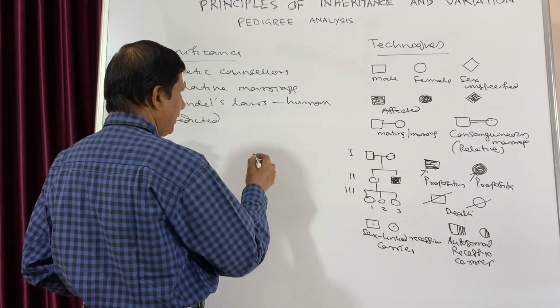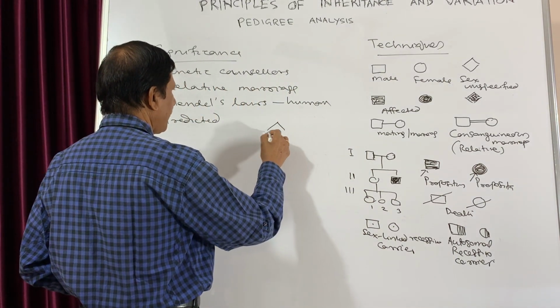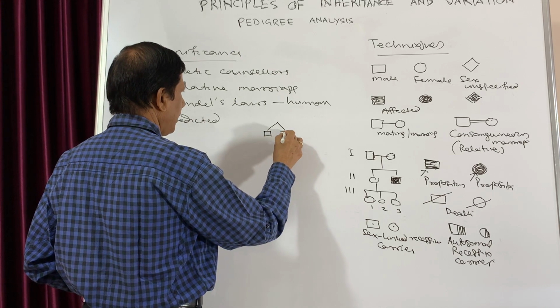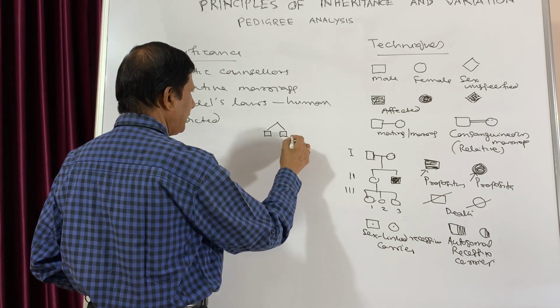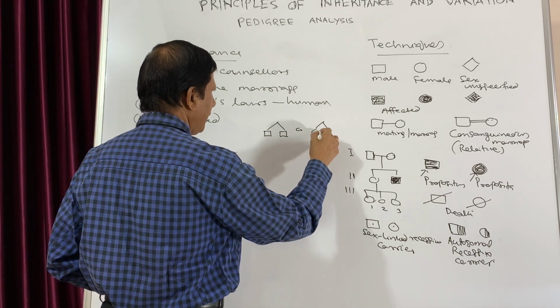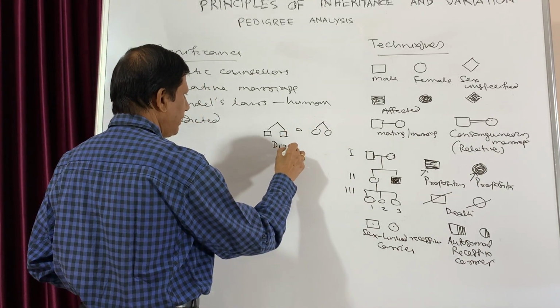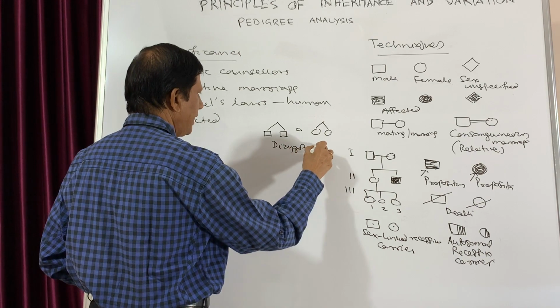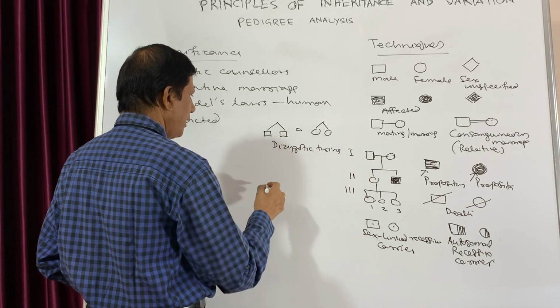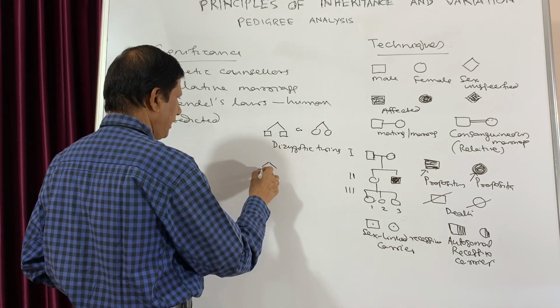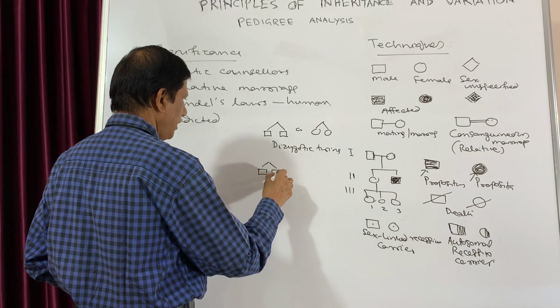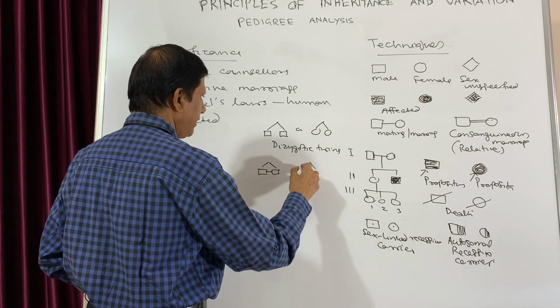Similarly, if we take a symbol like this, with daughters, this is known as dizygotic twins. But now you see the same thing, but connected.